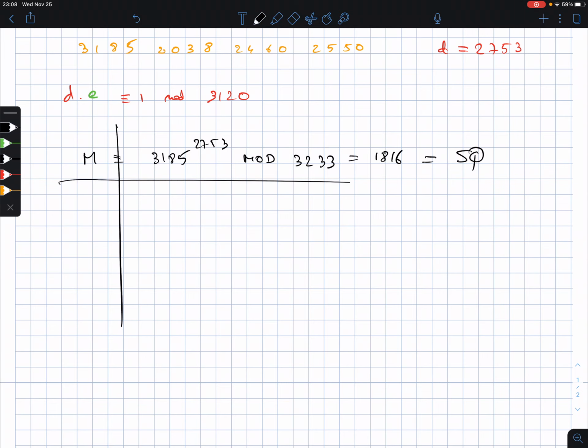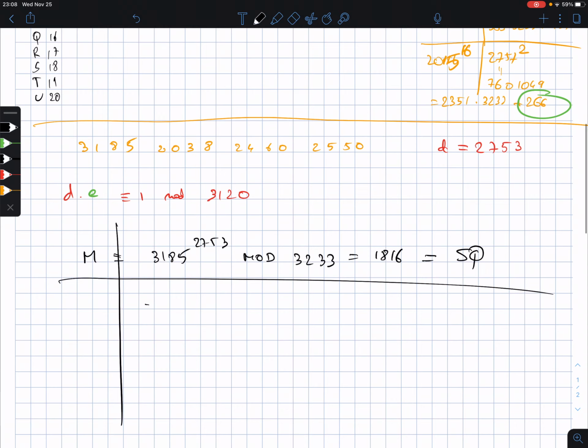So what is the next one? Is 2038 to the power 2753. Mod, I'm not going to write the modulus anymore, so let's do that. 2038 to the power, it's 2008.